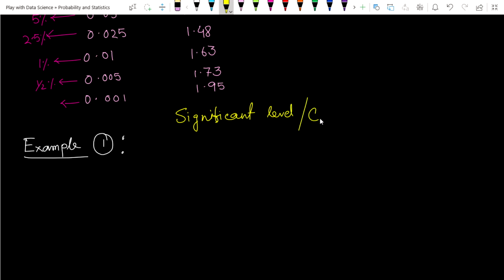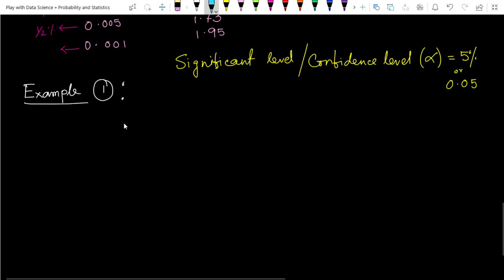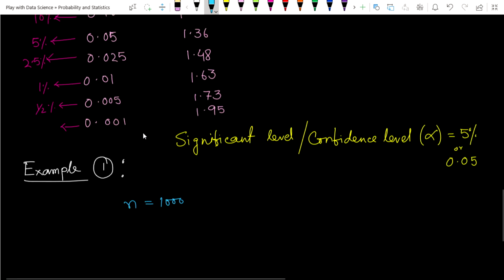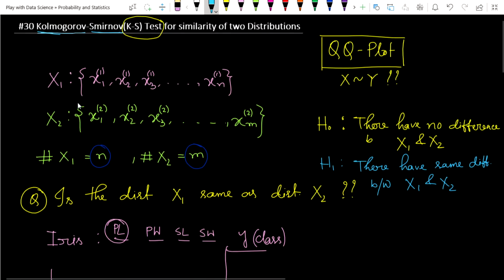Suppose we are interested in alpha being 5%, or in general, typically, we take the value 0.05. Suppose in example 1 the n value is 1000, the number of observations from the experiment x1.